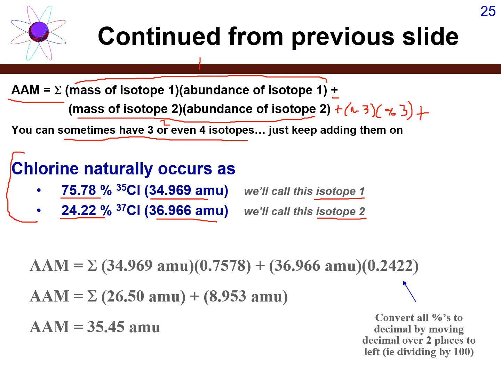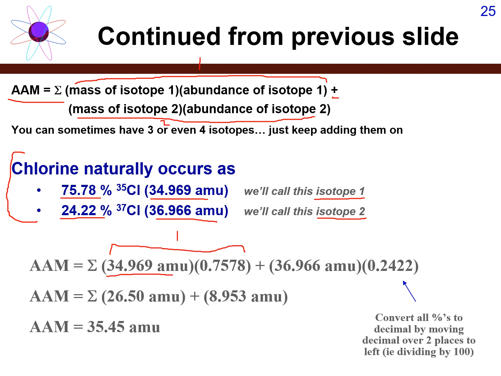And if you had 4, you would just do this again with the same information. But here we only have 2, so we're only worried about adding 2 numbers together. And how we get those numbers is we plug them into this calculation. The first thing we'll do is take isotope number 1 and put the information into this equation.